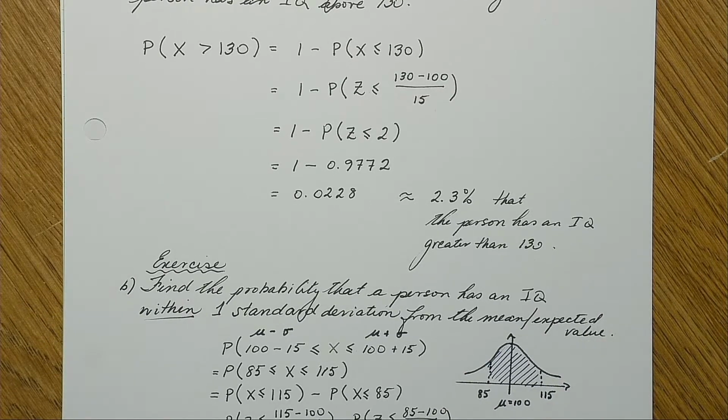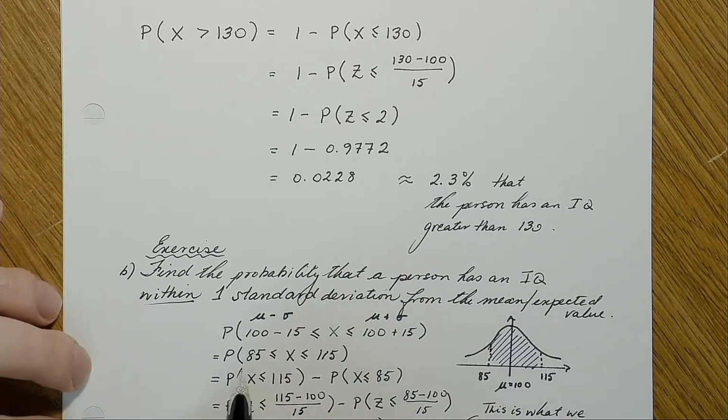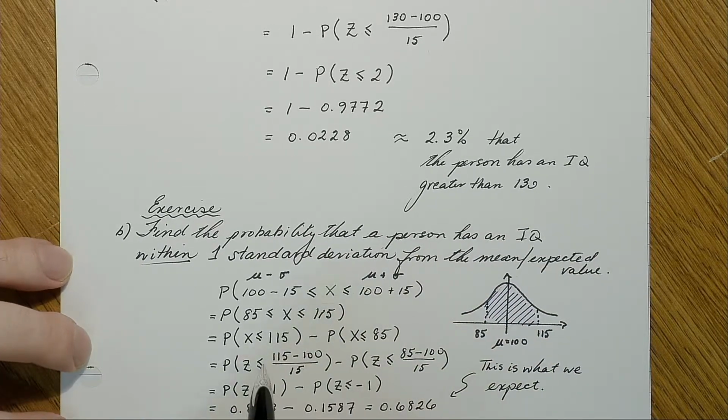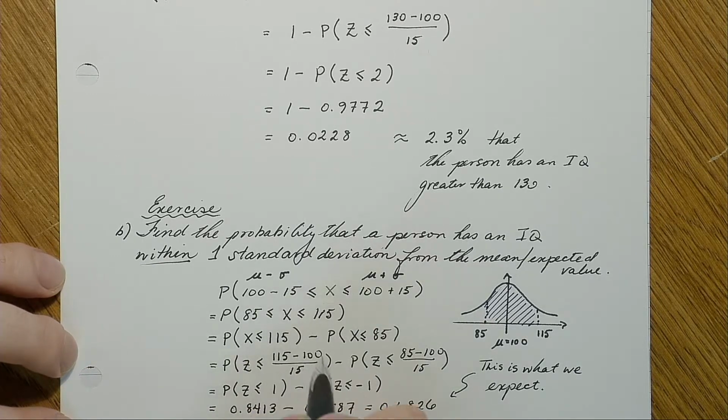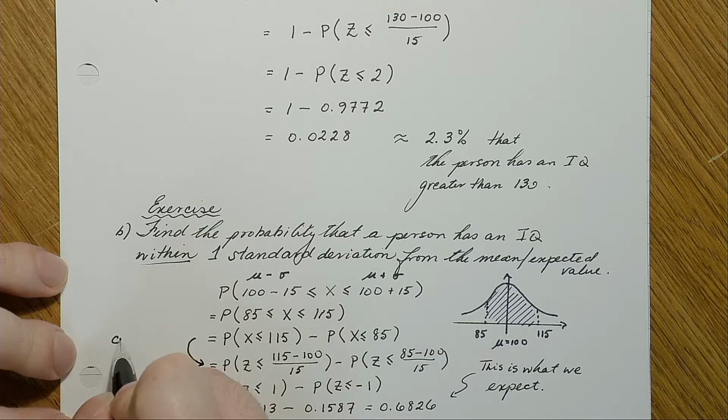So if we do that calculation, again, we're taking the CDF up to 115 minus the CDF up to 85, and we have to normalize it. So from here to here, what we're doing is converting it to the standard normal.